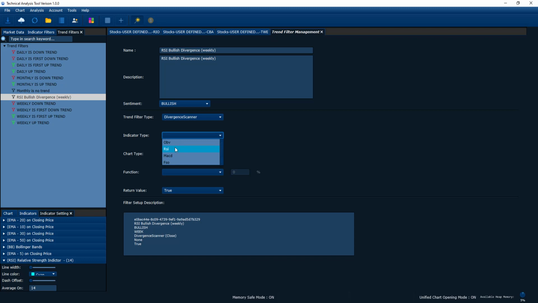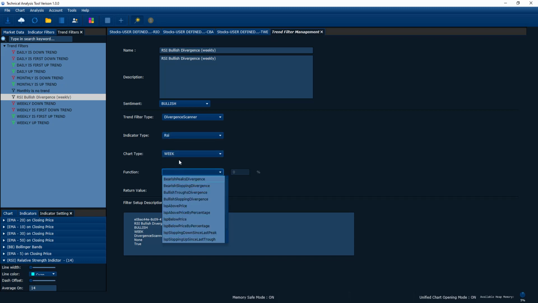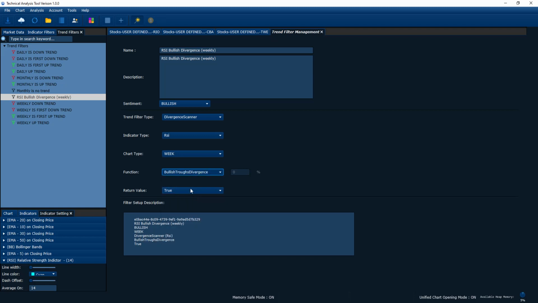So that's which indicator you want to check the divergence for. That's the RSI weekly chart. We keep the default settings. And then for the functions here, you can choose the bullish sloping divergence or bullish low divergence. You can add it, and then the condition is true.